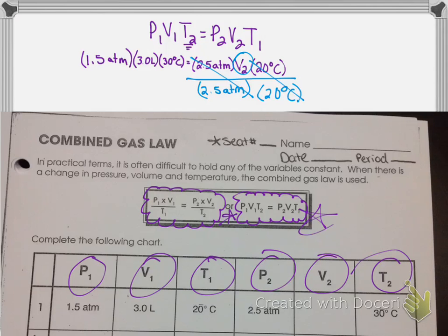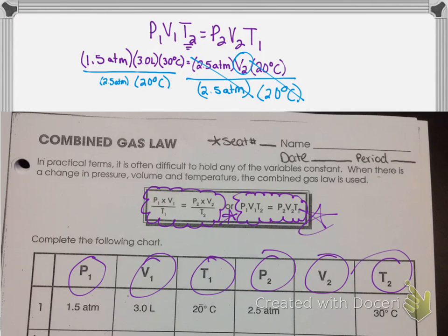Whatever you do to one side of an equation, you must do to the other. So we're going to come over to this side and divide by 2.5 ATM and also by that temperature, 20 degrees Celsius.